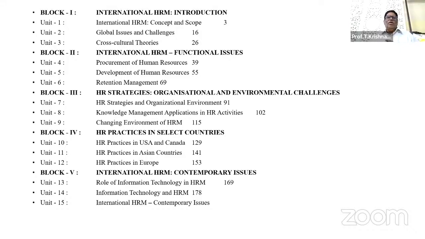Then the second block, we are focusing on the various functional issues relating to human resource management pertaining to global HRM or international HRM.